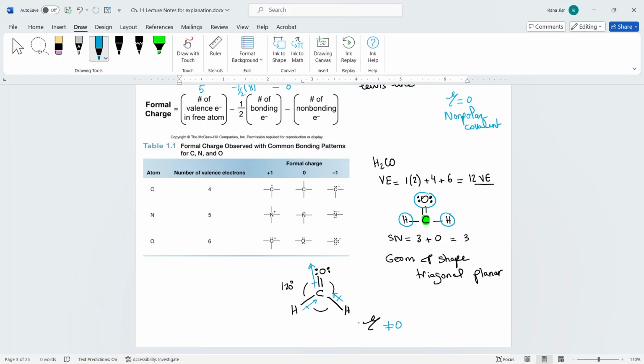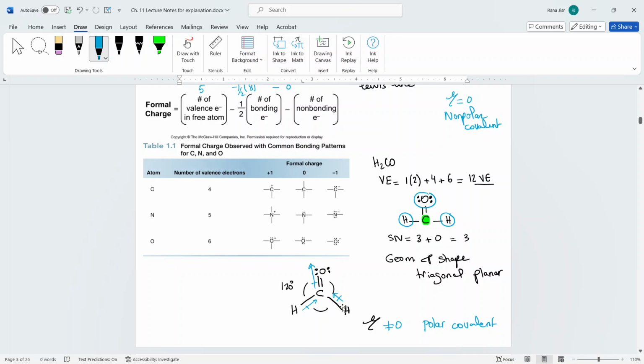And this means that the molecule is going to be a polar covalent molecule. There's a difference between a polar covalent bond and a polar covalent molecule. The molecule as a whole is polar covalent, but notice that the carbon-hydrogen bonds are non-polar covalent bonds.